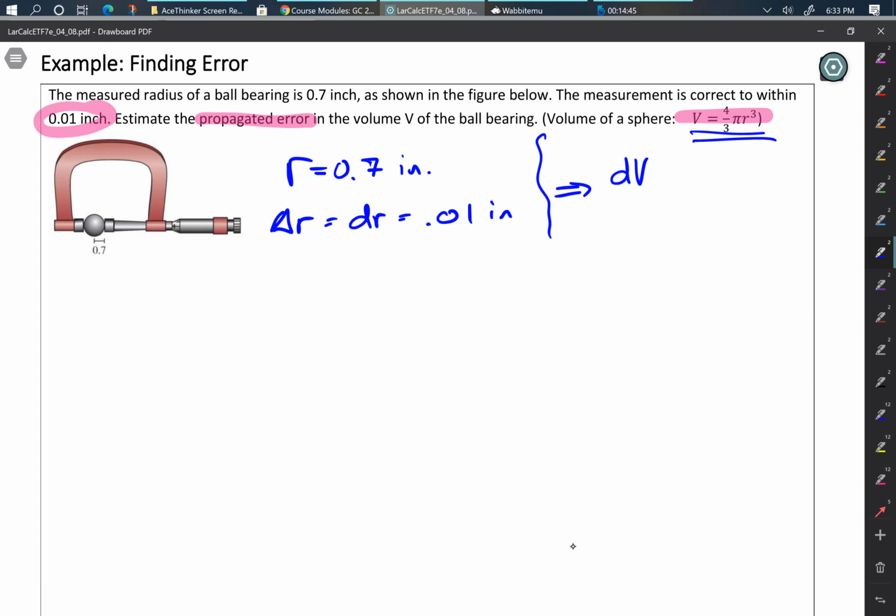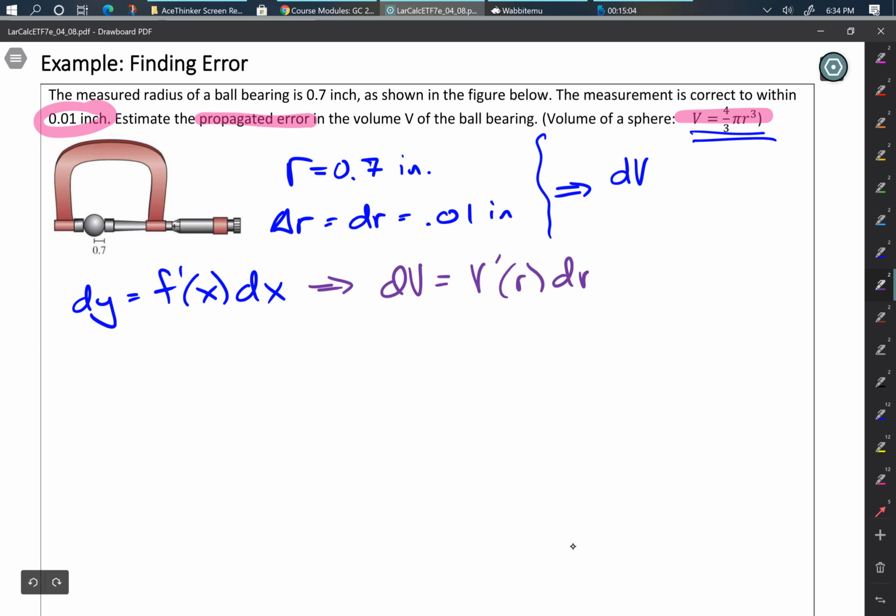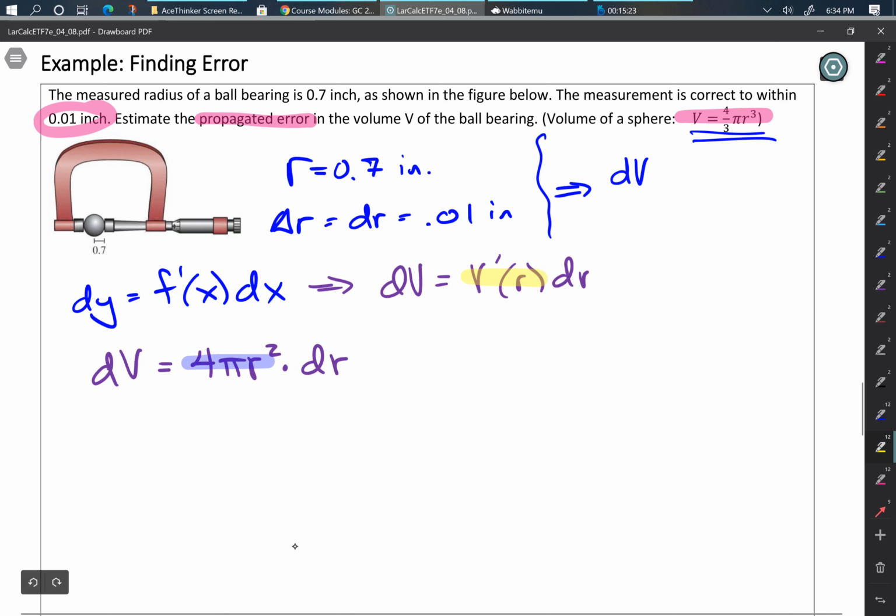Well, if dy equals f prime of x dx, then substituting for the variables in this formula, dv should equal v prime of r dr. Or, more specifically, dv should be equal to 4 pi r squared times our differential dr. Now, if you're wondering where this came from, that's just v prime.